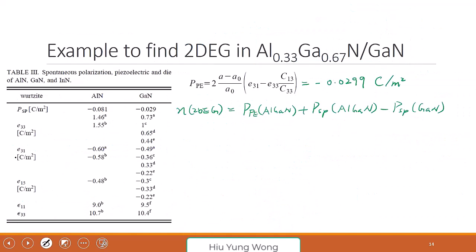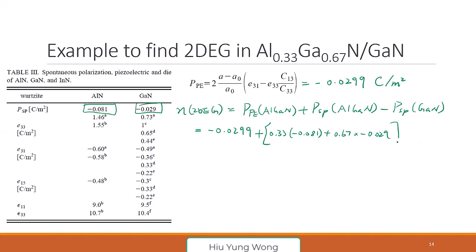So what are they? The first one is easy, 0.0299. The second one needs some calculation, because spontaneous polarization again needs linear interpolation. So this term is 0.33 times negative 0.81 plus 0.69 times negative 0.029, and then I minus the negative 0.29 for gallium nitride also.